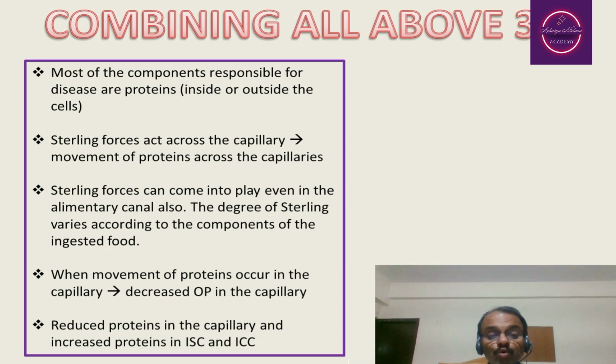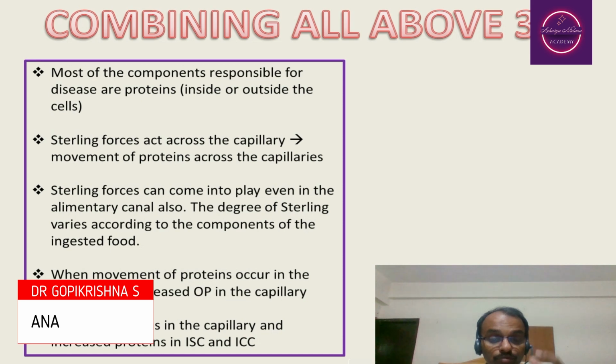Whenever the movement of proteins occurs in the capillary, this may be responsible for decreased oncotic pressure in the capillary. That means more proteins are moving from the capillary into the interstitial space, which is responsible for the decreased oncotic pressure in the body.